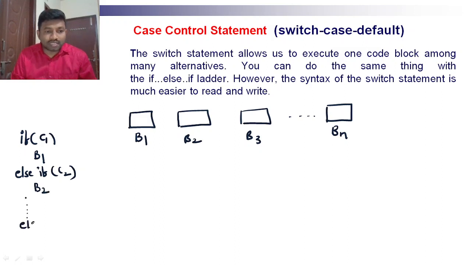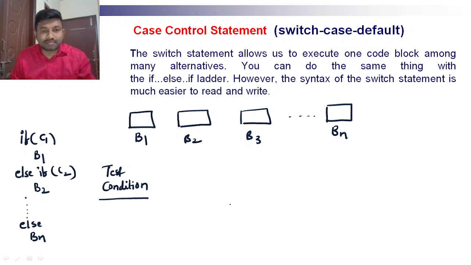Worst case, we execute the Bn block. But if you observe very carefully, the selection of B1, B2, B3, and so on up to Bn happens based on the test condition only. Based on the test condition, you are going to select one block.